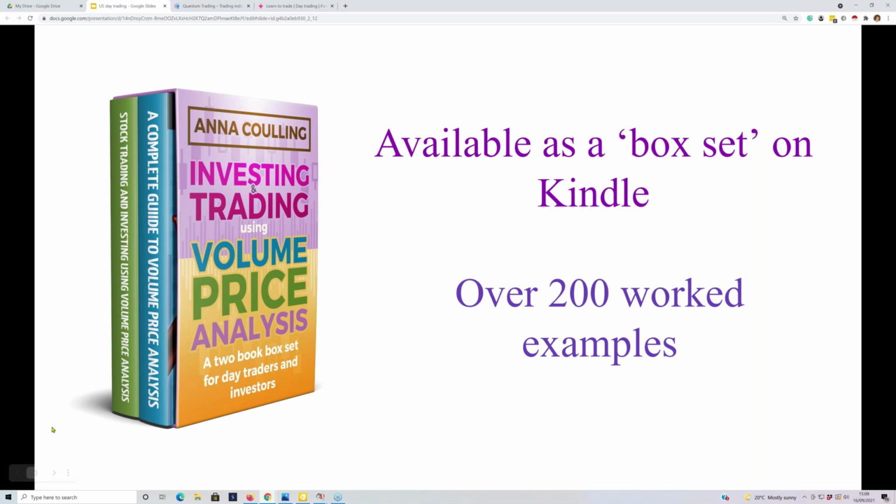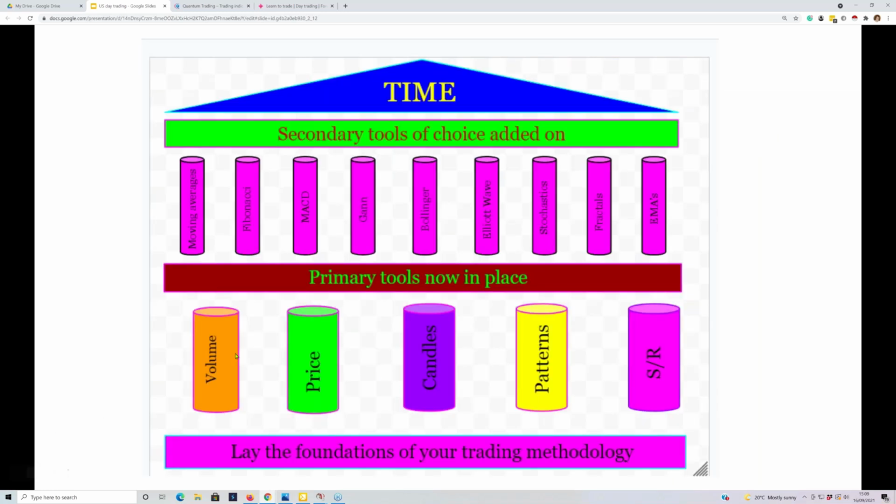The elements that make up VPA are volume, price action, candles, candle patterns, and support and resistance. I said in this morning's webinar that what you're looking to achieve as a trader is to synthesize all these elements. Synthesis is the combination of components to form a connected whole.